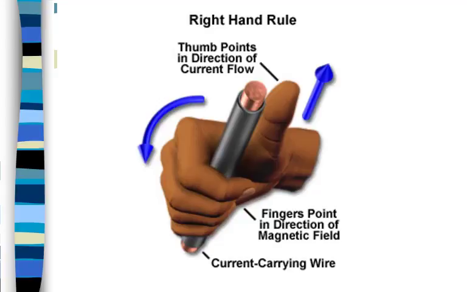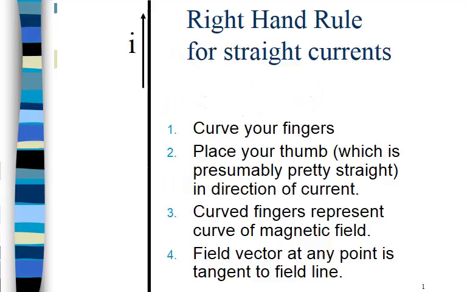When you do that, you can see that your fingers are wrapped around it, right? So around a current-flowing wire, the current is going through the wire, and your fingers represent the direction of the magnetic field surrounding the wire. As you go further and further out from the wire, the magnetic field is less and less. So this is a pretty straightforward right-hand rule. You just grab the wire in that direction, and you've got that.